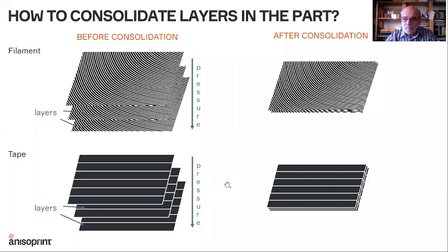So you need to apply pressure to push out the air that can be trapped between the layers, or to push out the pores that can occur. And this consolidation is actually a crucial step for prepreg placement if one wants to achieve good material qualities with a high fiber volume fraction.